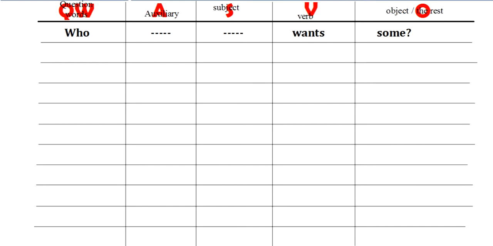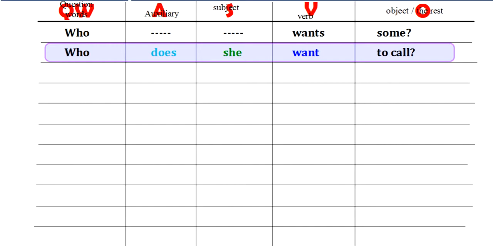Compare this with an object question. Who does she want to call? Here I have a subject, she. I know who the subject is, and I'm asking about the person she wants to call. In this case, I have an auxiliary. It agrees with the subject, she.